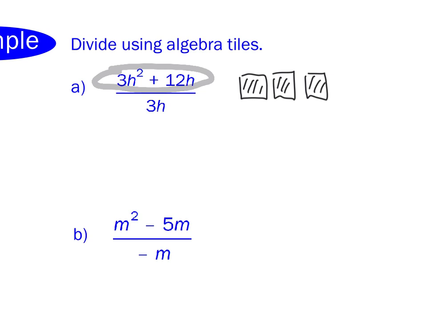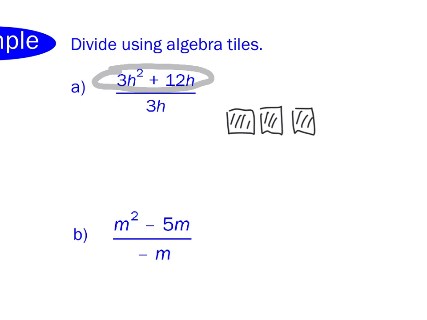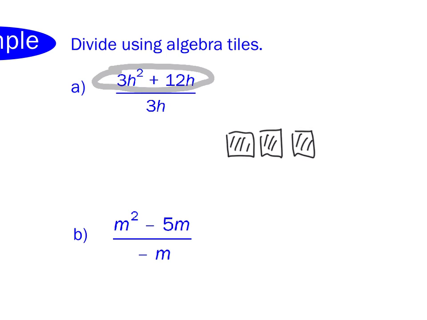Now, the interesting part of this question is it tells us that we're actually dividing by 3h. Cool, because then we can start doing something with this. Now you can start copying this down, because if this is an h, this is an h, this is an h, then this whole thing is 3h.